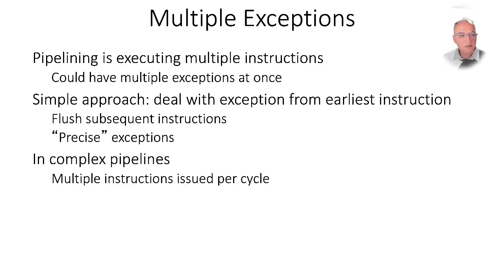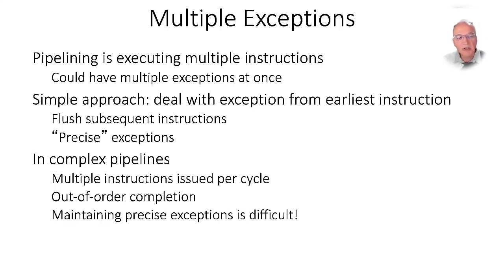In some complex pipelines, I can have multiple instructions that are issued in the same cycle, and that is called superscalar machines. And also in advanced designs, which we study in detail in 49, we have out-of-order completion of the instructions.